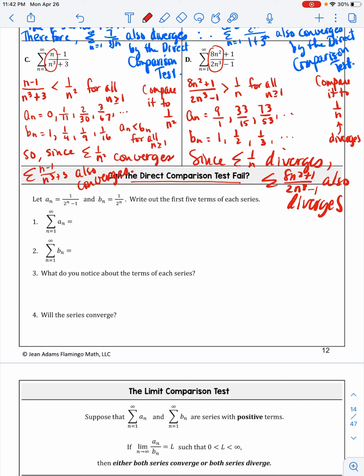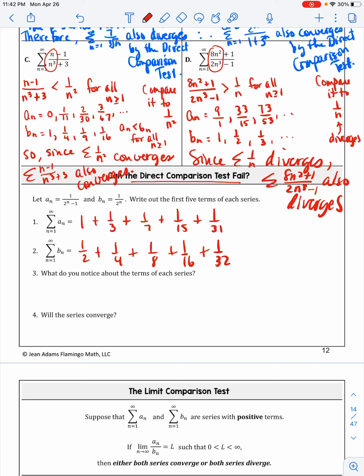And can the direct comparison test fail? Well, let's look at that. Let a sub n equal 1 over 2 to the n minus 1 and b sub n equal 1 over 2 to the n. Write out the first 5 terms of each series. So for our a sub n, we would have 1, 1/3, 1/7, 1/15, and 1/31.